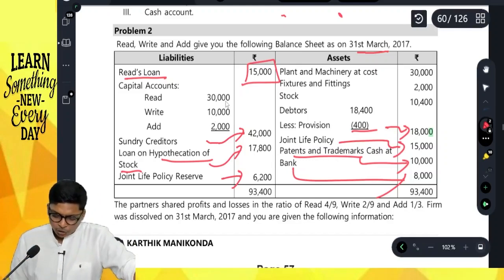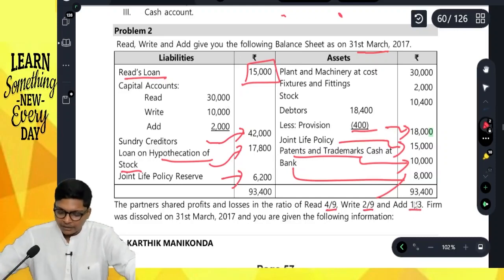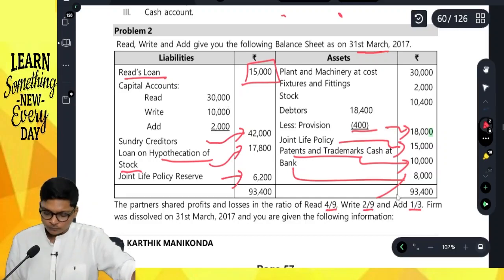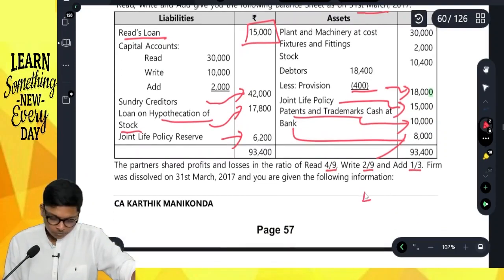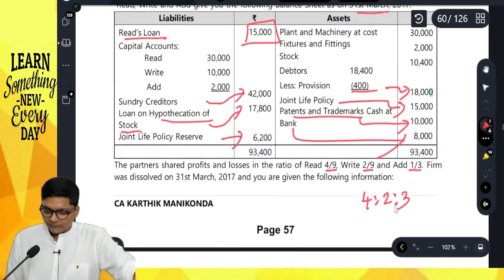Then they gave the ratio: 4/9 is to 1, 2/9 is to 1, 1 is to 1/3. If we simplify, what is this? 4 is to 2 is to 3. How do we do that? First, make everything comparable. 1/3, I should make it with base 9.